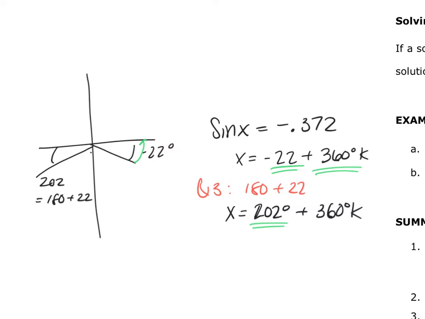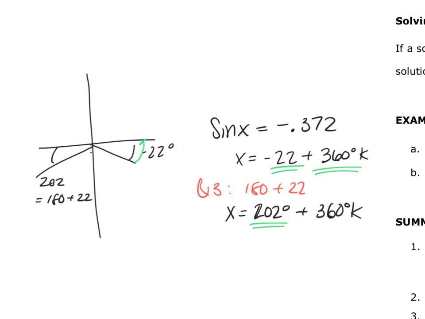In your calculator, Fred, do the sine of 202 degrees. So there are two places that I'm going to get a negative 0.372.